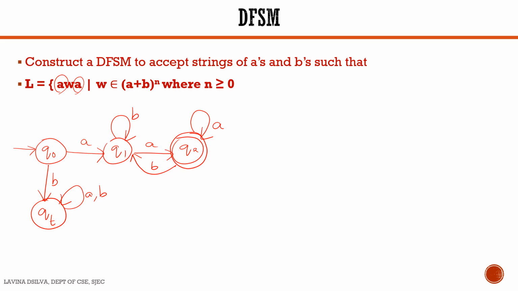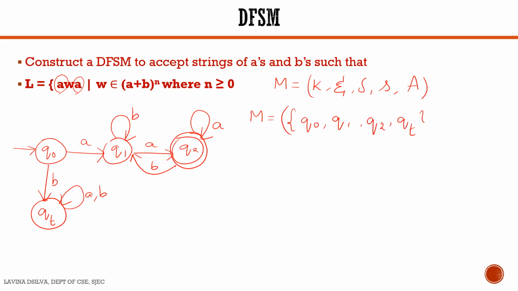Therefore, the DFSM M, which is defined by K, sigma, delta, start state and accepting state, is given by the states Q0, Q1, Q2. You can mention the trap state also, or you can even leave it, does not matter.